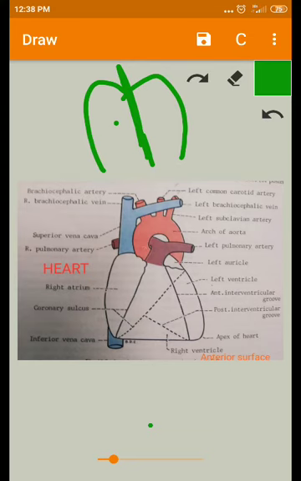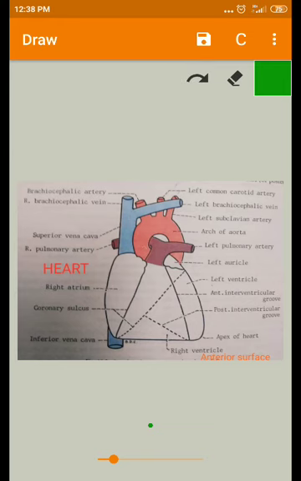That groove is faintly visible on the posterior aspect, but it is not seen on the anterior aspect. Anteriorly, that sulcus is hidden by the arch of aorta and the pulmonary trunk.